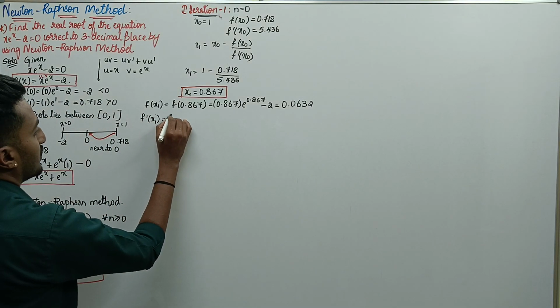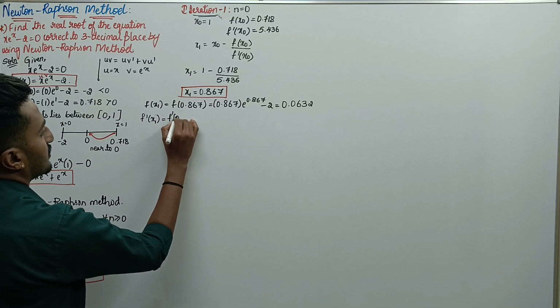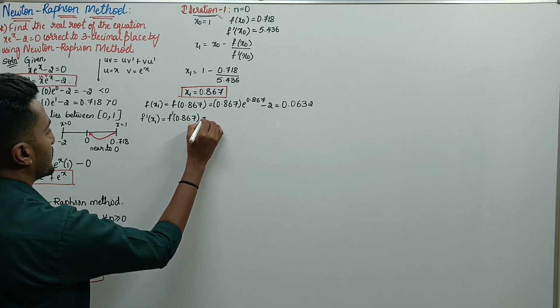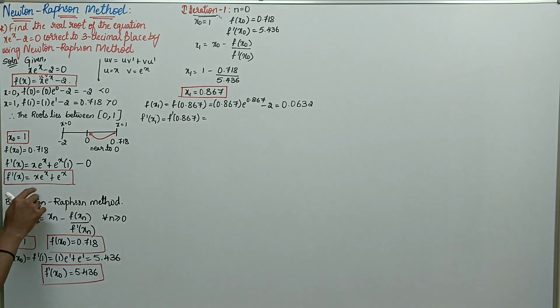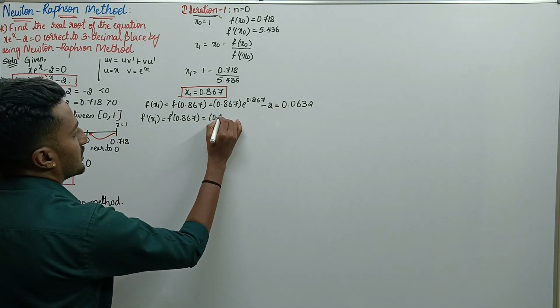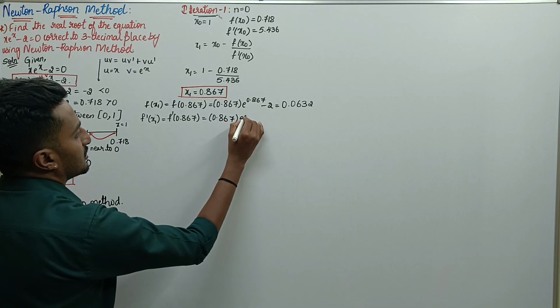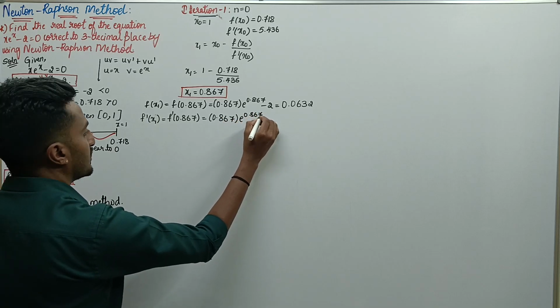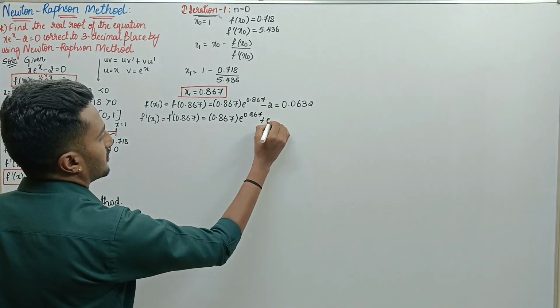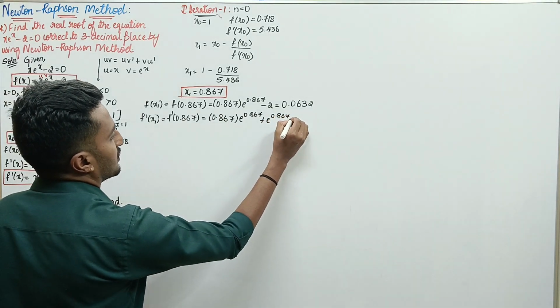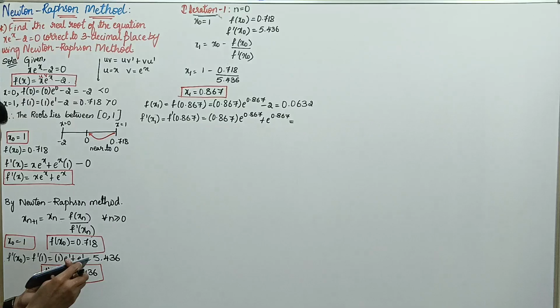Now similarly, let us go with f dash of x1. To find f dash of x1, substitute 0.867 in place of x in f dash of x. You get 0.867 e to the power of 0.867 plus e to the power of 0.867. What is the answer? It is also easy.